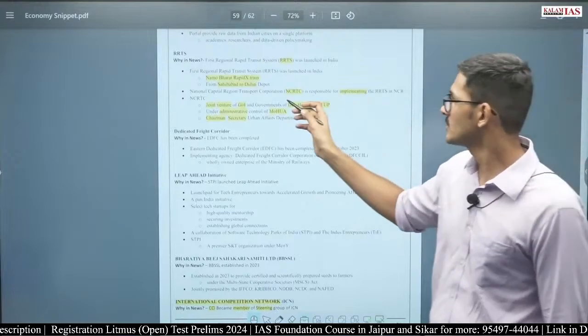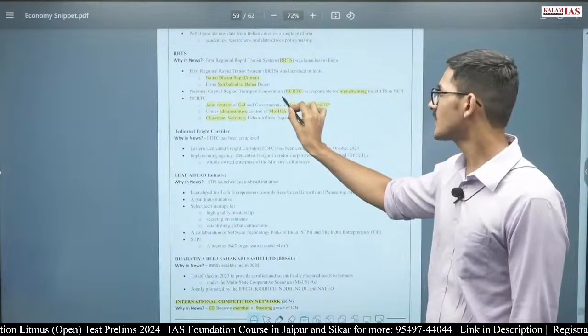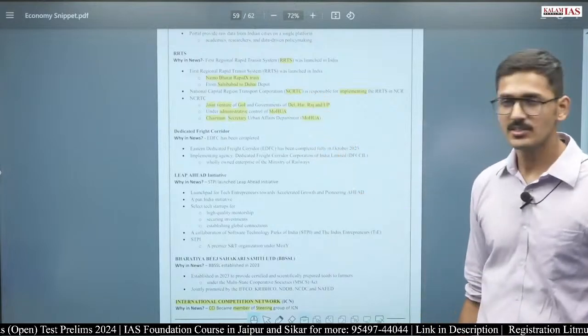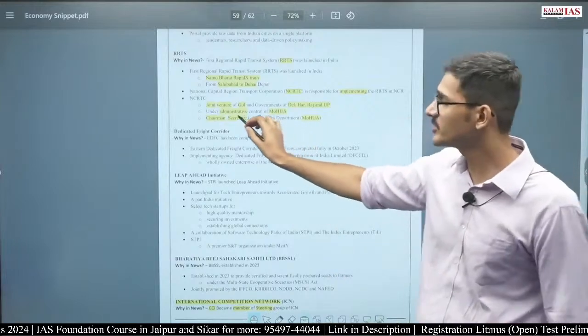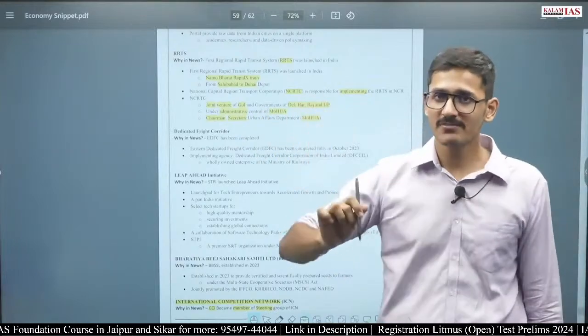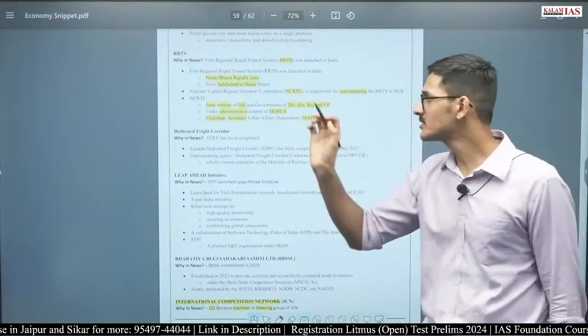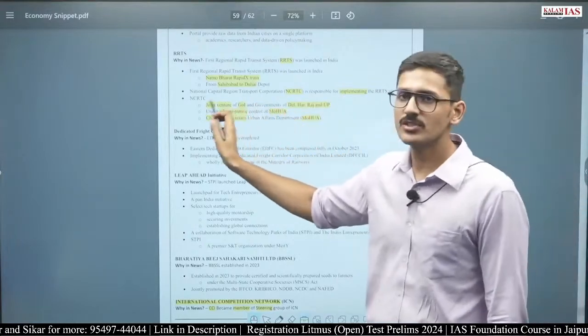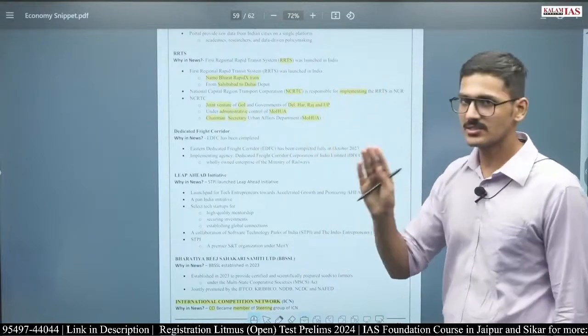What you have to know is who is the implementing agency. Implementing agency is NCR Transport Corporation, National Capital Region Transport Corporation. It is under the administrative control of Ministry of Housing and Urban Affairs, not under Ministry of Railways. It is a joint venture of Government of India, Government of Delhi, Haryana, Rajasthan and UP.